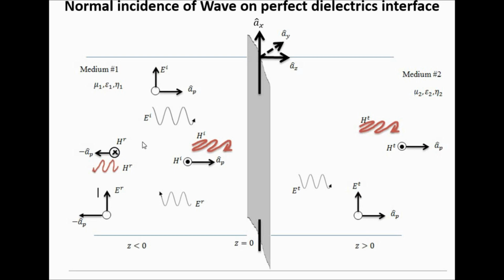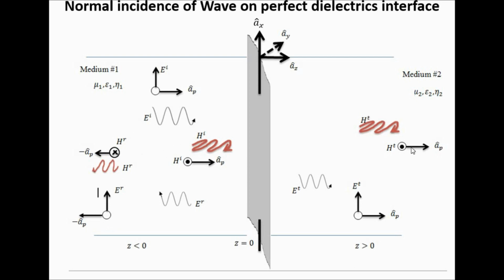It is worth mentioning that if the E field for incident and reflected is polarized in the same direction, then the magnetic field will vary in opposite directions. For example, the incident magnetic field varies in positive y, but the reflected magnetic field will vary in negative y direction, because we are assuming the electric fields vary in the positive x direction.